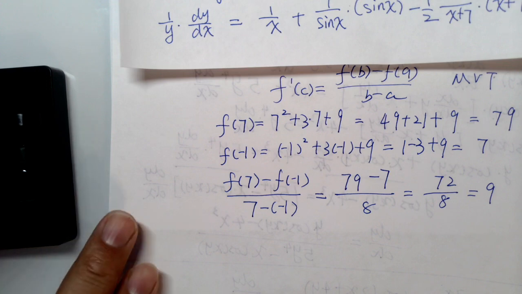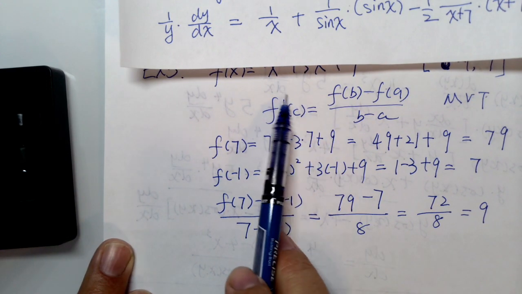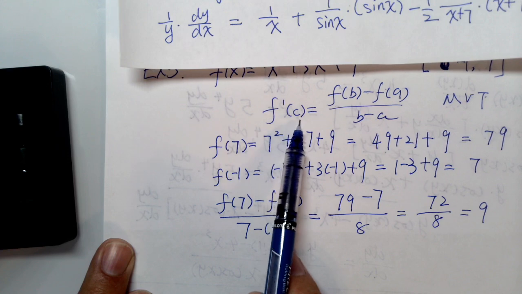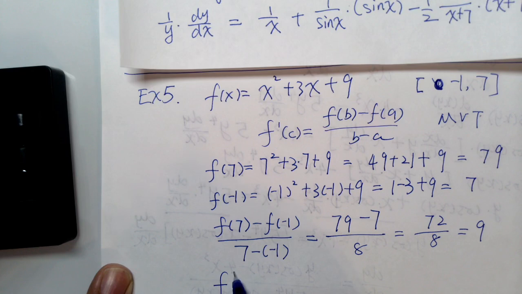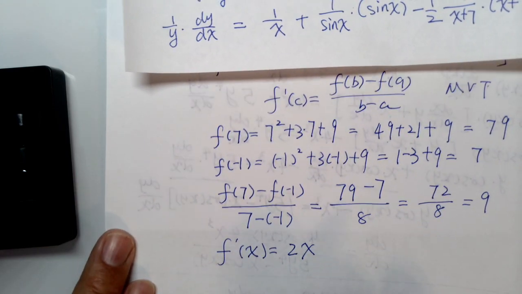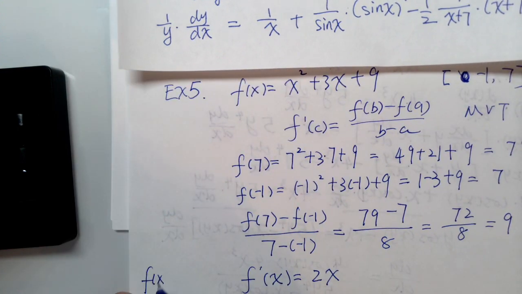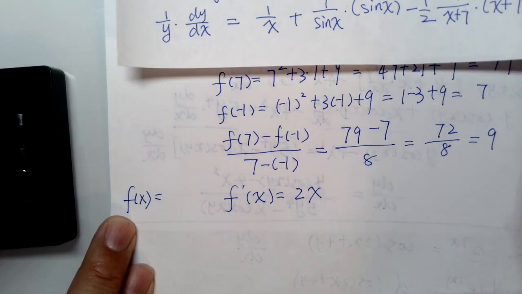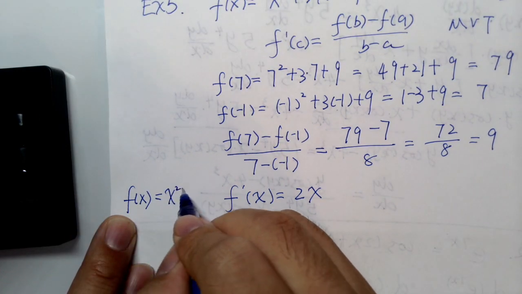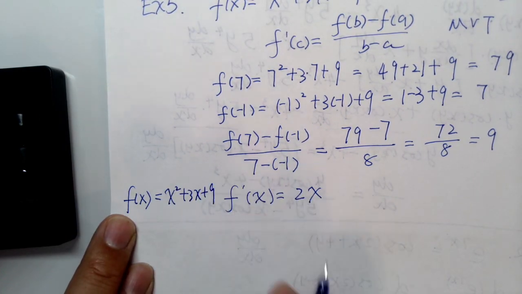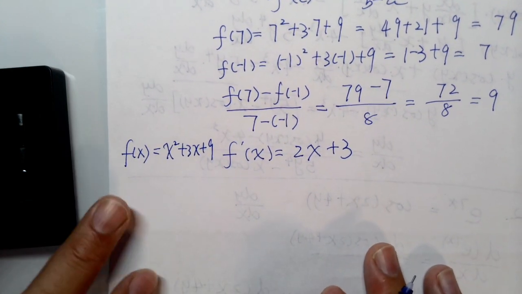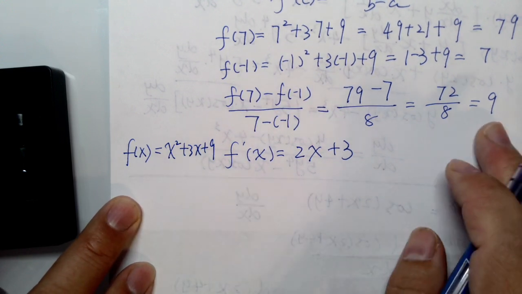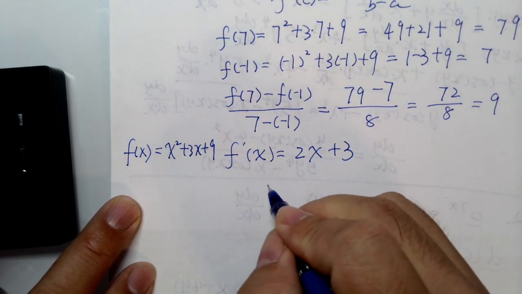Then we're looking for the derivative at the value c equals 9. The function equals x squared plus 3x plus 9, so the derivative equals 2x plus 3. So you're looking for a number c such that the derivative equals 9. You can solve that.